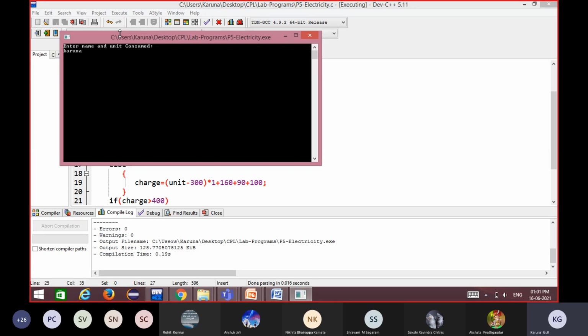You check for all the conditions, so I'll enter units lesser than 200. I'll write 150 units. Is it lesser than 200 units? So what is the amount that you are supposed to pay for this? Can anyone calculate and tell me?